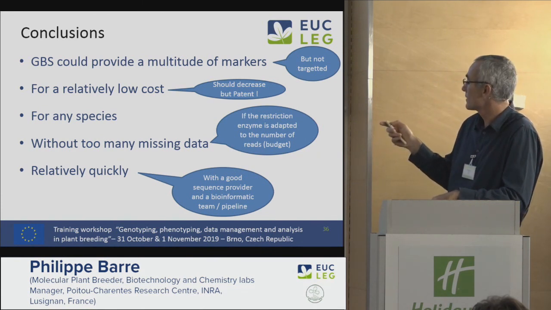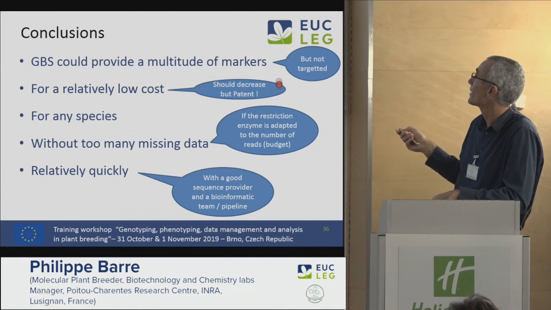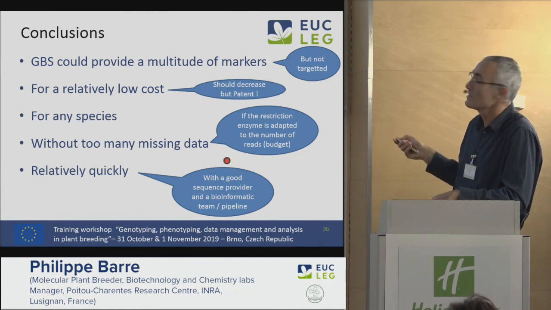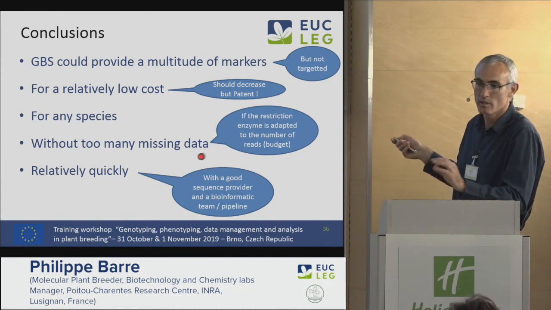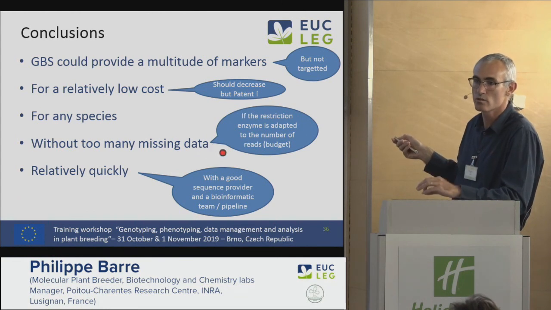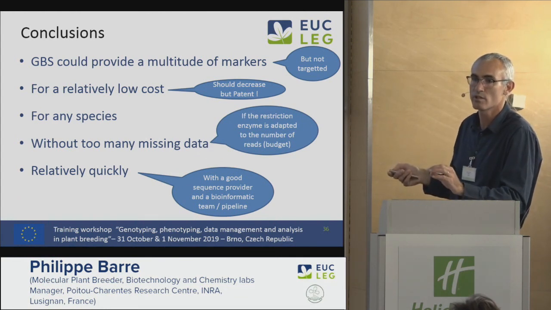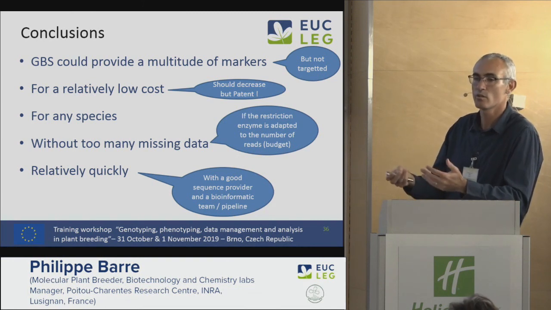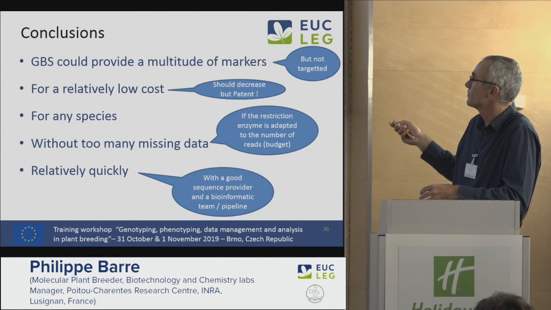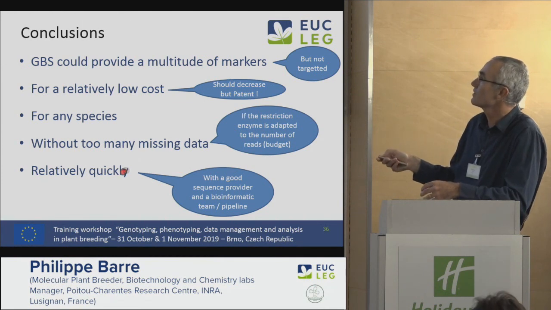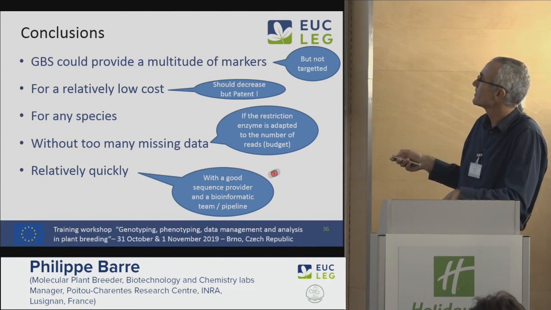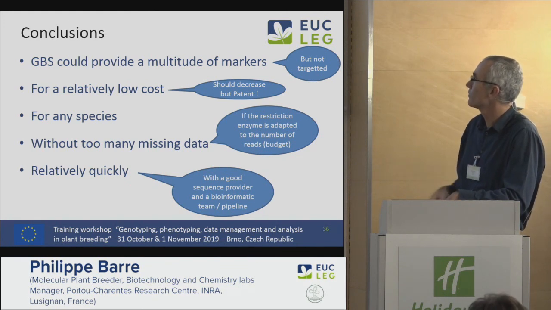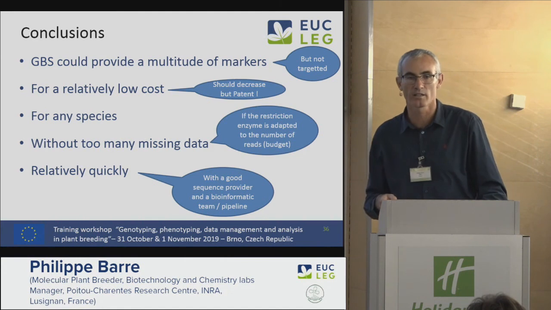Without too many missing data, so I hope I convinced you that this is true, but you have to be careful in the choice of the restriction enzyme in adequation with the budget you have. And relatively quickly, with a good sequence provider and a bioinformatic team or pipeline.